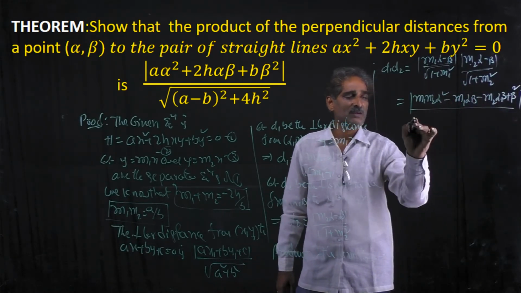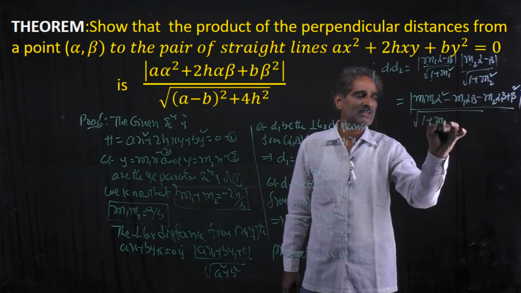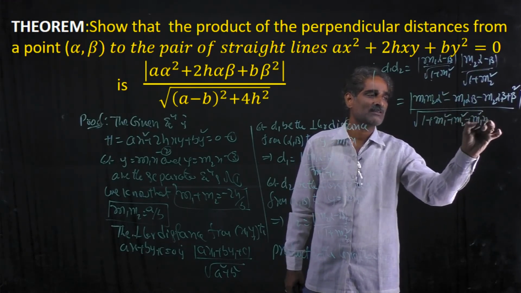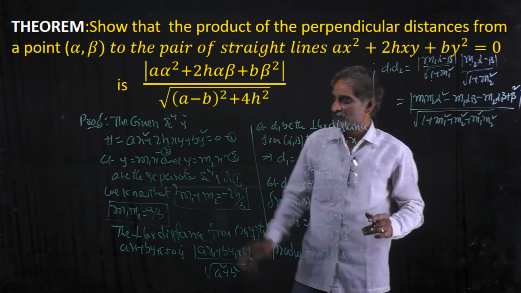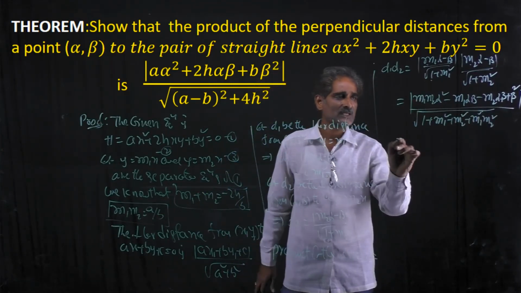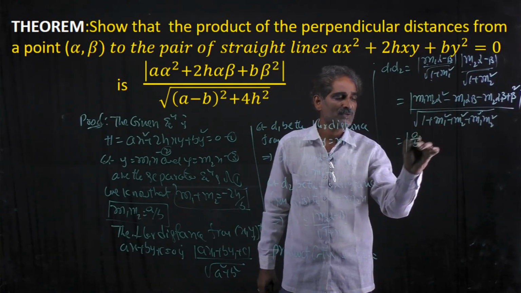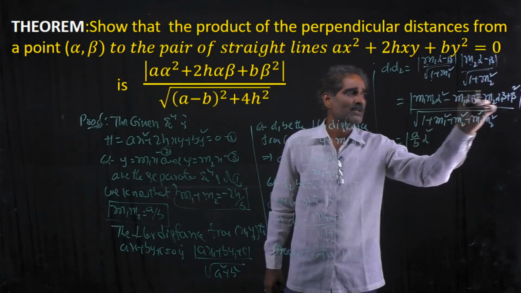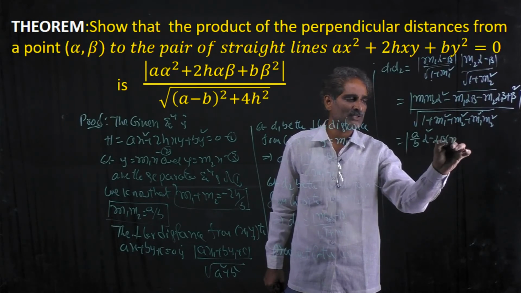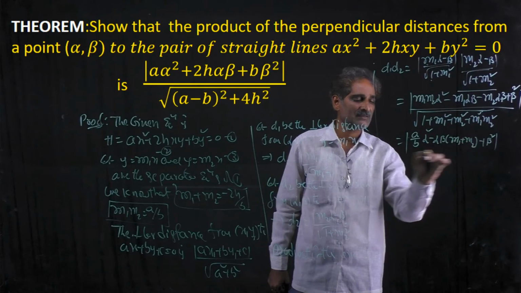So multiply the denominator also: root of 1 + m1² + m2² + m1² m2². Just introduce a, b and h values in place of m1, m2. So m1 m2 = a/b, giving (a/b)α². Taking αβ common, minus αβ(m1 + m2), plus β².